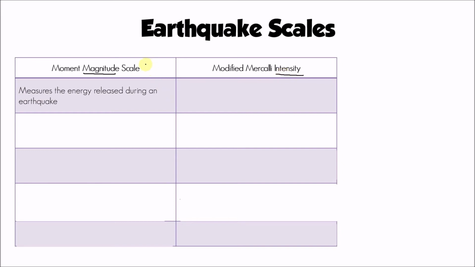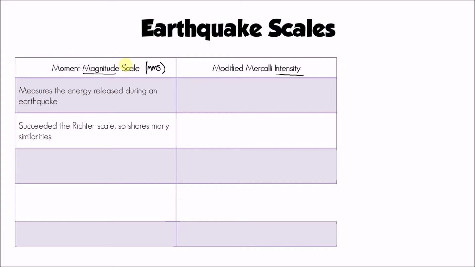Sometimes you will come across that abbreviated by the letters MMS, moment magnitude scale. So this measures the energy that is released during an earthquake. It's a calculation based on scientific measurements, which gives a number which indicates how much energy has been released during an earthquake.